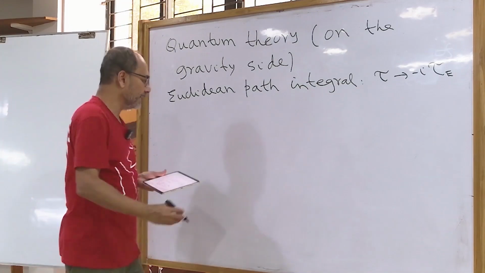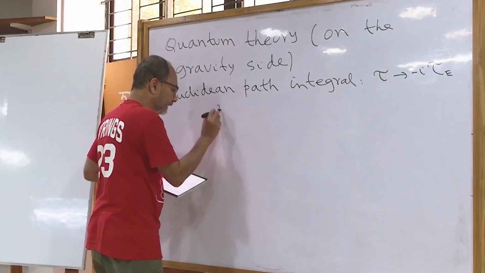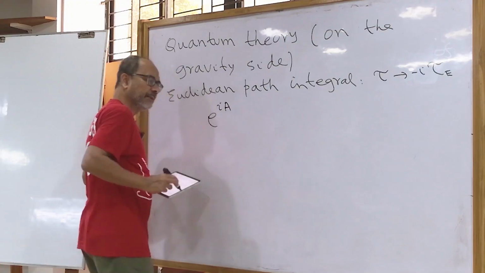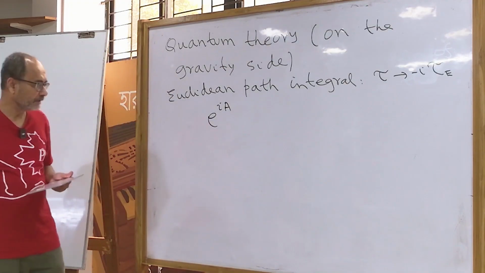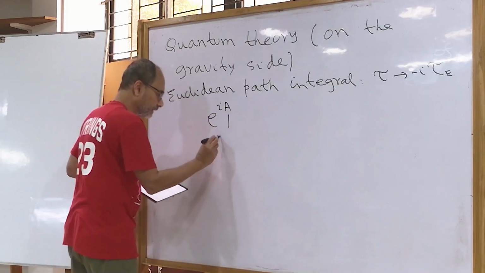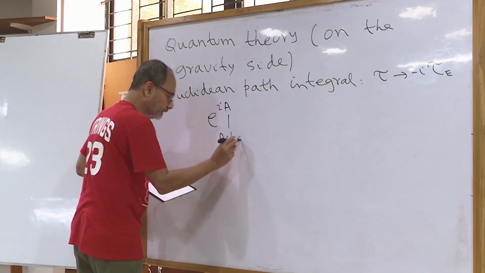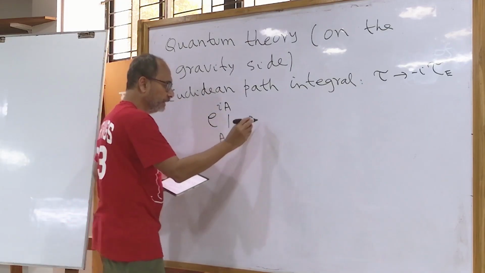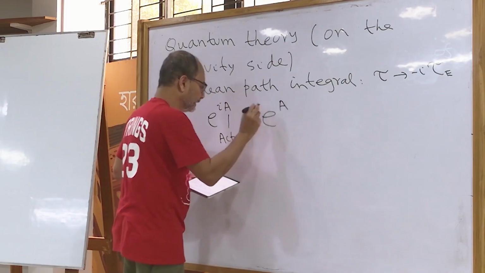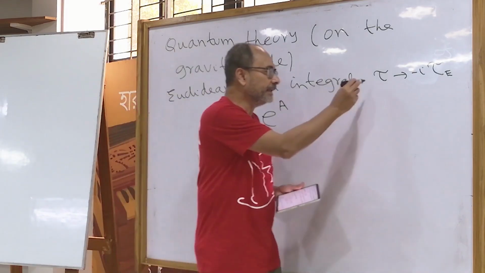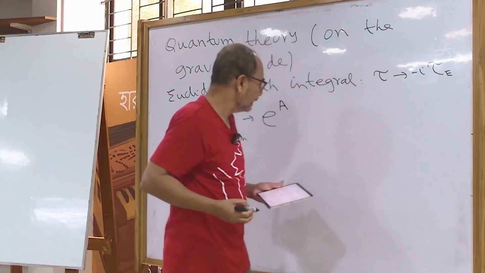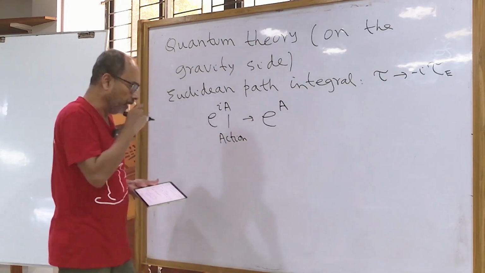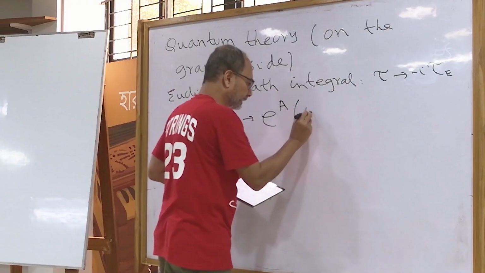Okay, and in this case, the Euclidean path integral is weighted by the factor of e to the iA, right, where A is the action. This becomes e to the A, because this i and the integral d tau becomes minus i integral d tau_E. So i and minus i combine to give you 1. So this becomes e to the A. So this is the weight in the path integral.